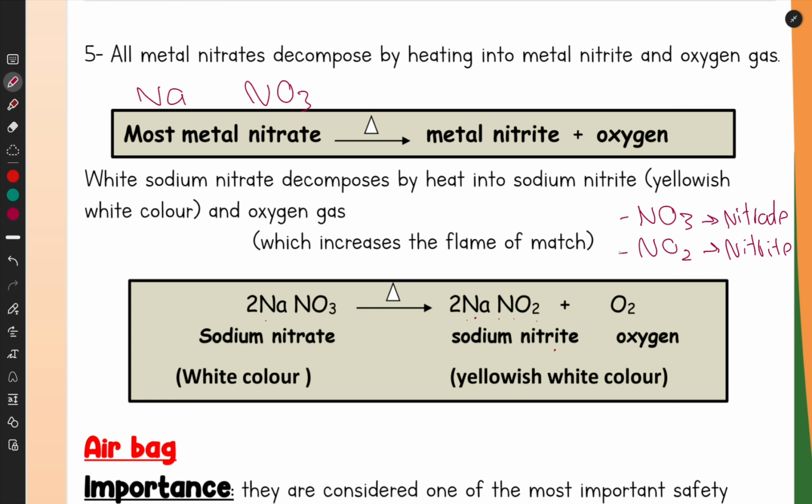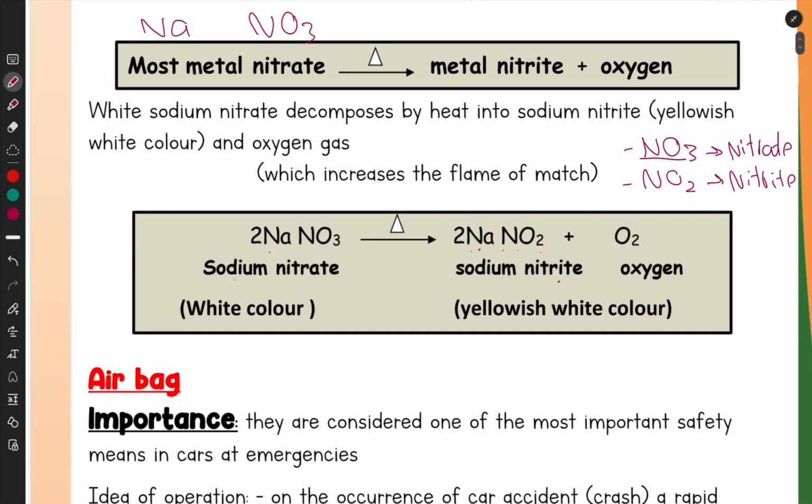Both of them are chemical groups, so they can't be found alone. They are found attached to another element. For example, if we have NO3 attached to sodium, it is sodium nitrate. Attached to aluminum, it is aluminum nitrate, and so on. So we have sodium nitrate, white in color.